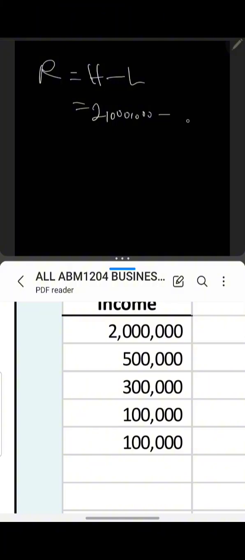Then it is simple. 1,900,000. Alright, now you go and calculate the variance. You're going to need to use a table.